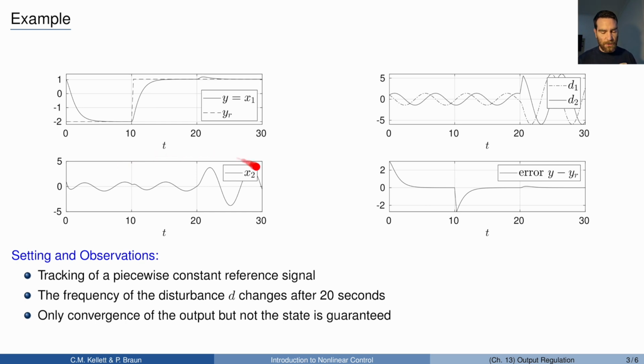So here we started with a two-dimensional system. That means that the second component x2 might not necessarily converge to a constant value or to zero. Only the output converges. And here we have additionally shown the convergence of the difference between y and yr.